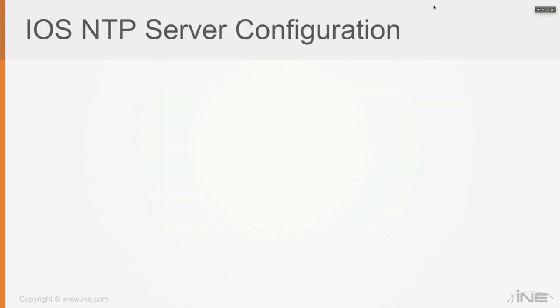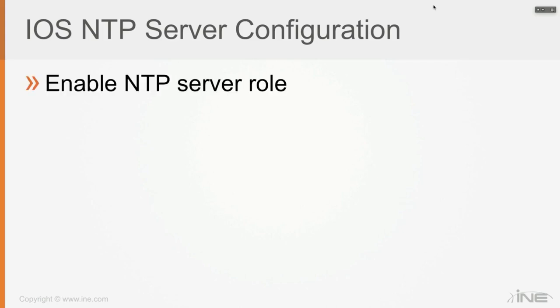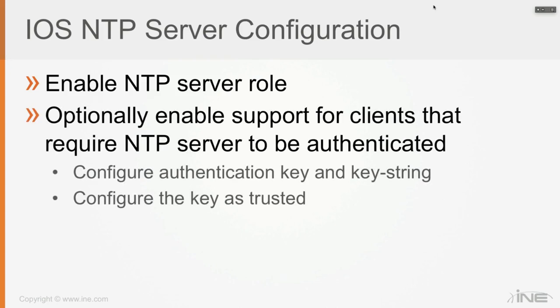Configuration-wise on the IOS, for the NTP server functionality, we have to enable the NTP server role if you want the IOS to be a server, and if the clients are going to be authenticating the server, then we have to also enable support for client authentication, which means on the server we have to configure the authentication key and the key string, and also configure the key as trusted.